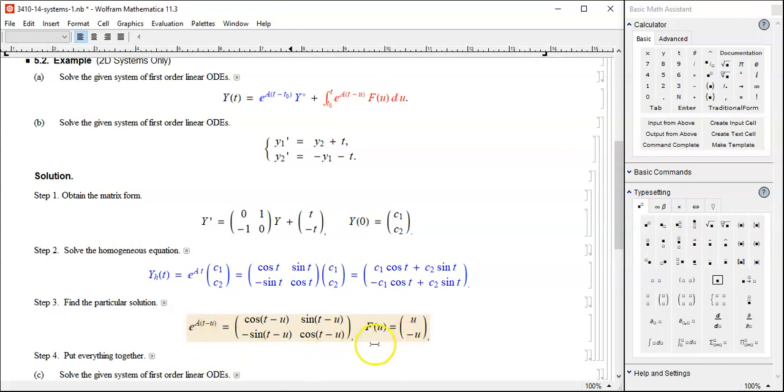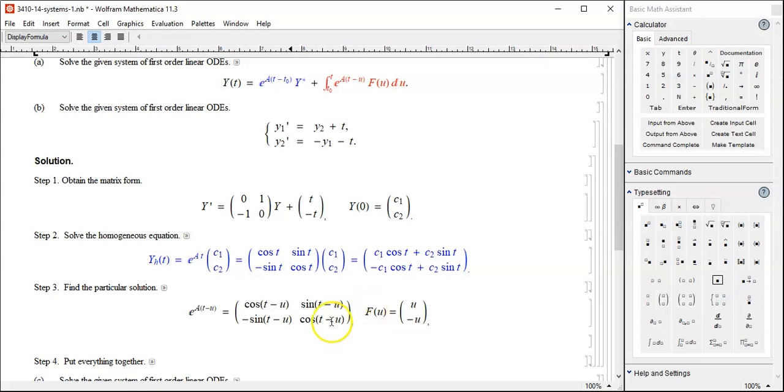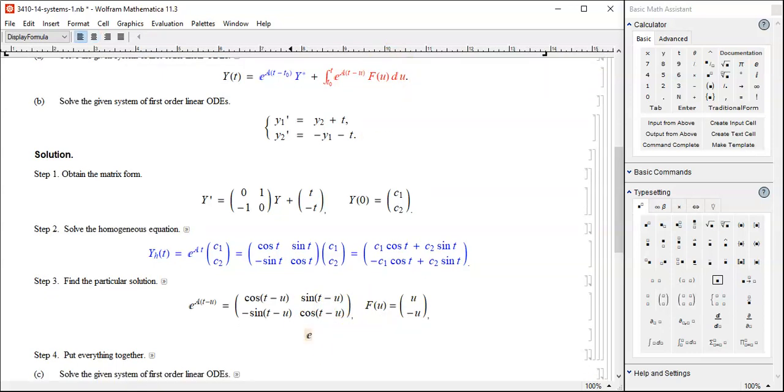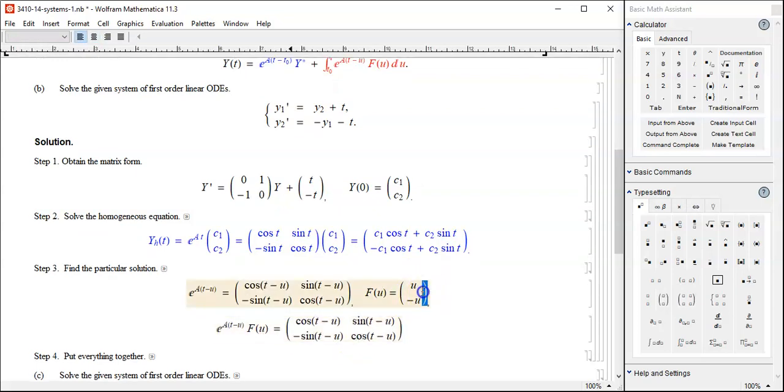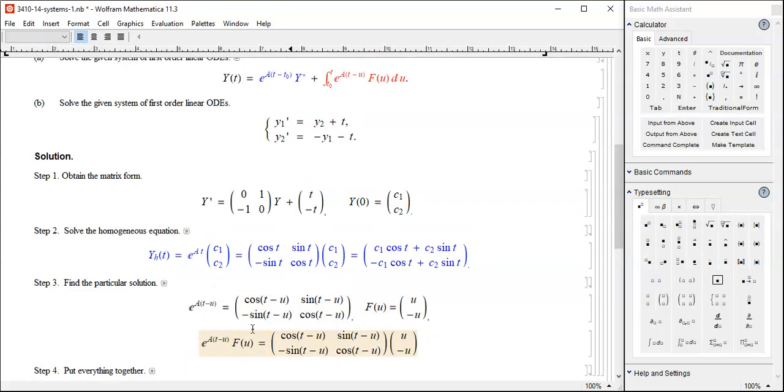If you multiply those two, then I'm going to get, let's see, e to the A (t minus u) times f of u, which is equal to this matrix multiplication.